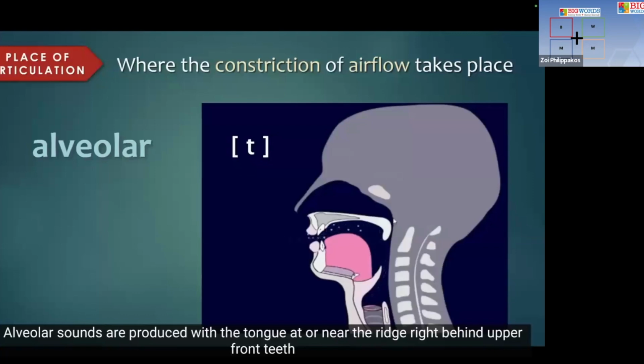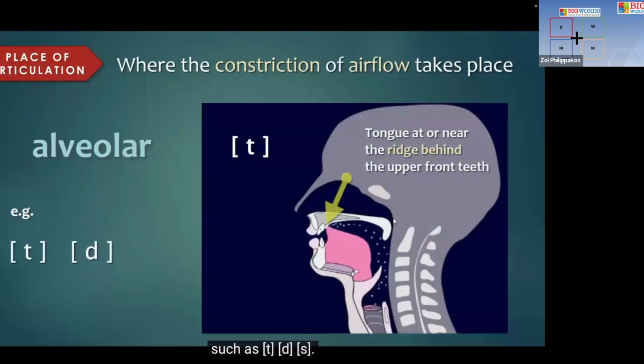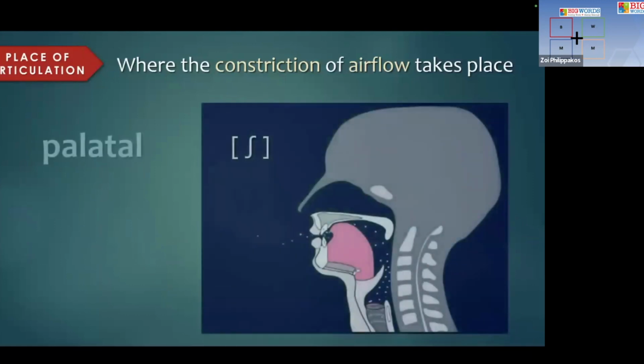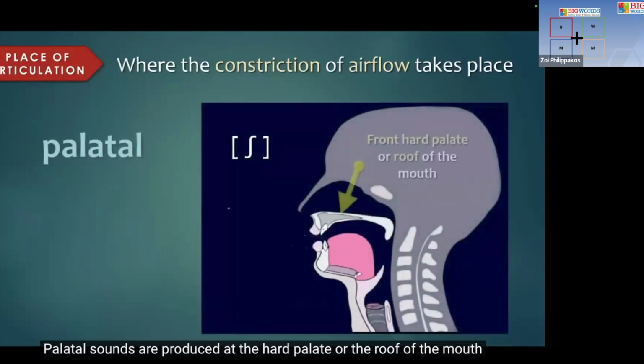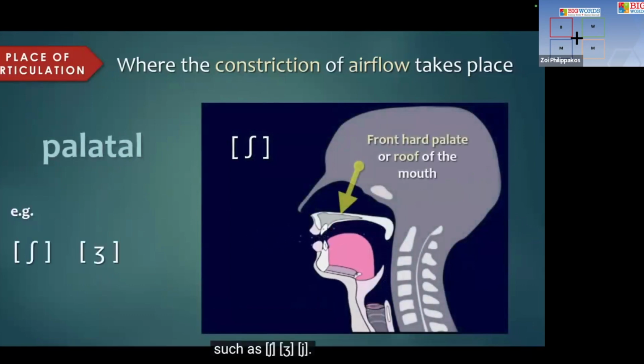Alveolar sounds are produced with the tongue at or near the ridge right behind the upper front teeth, such as t, d, s. Palatal sounds are produced at the hard palate or the roof of the mouth, such as sh, j, y.